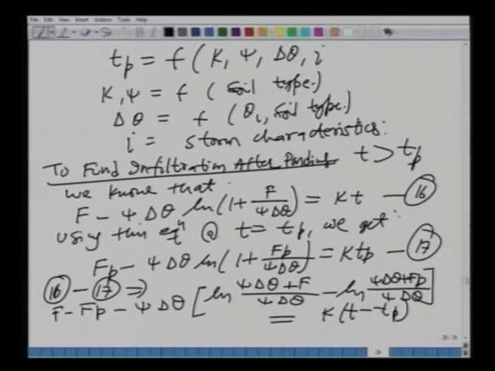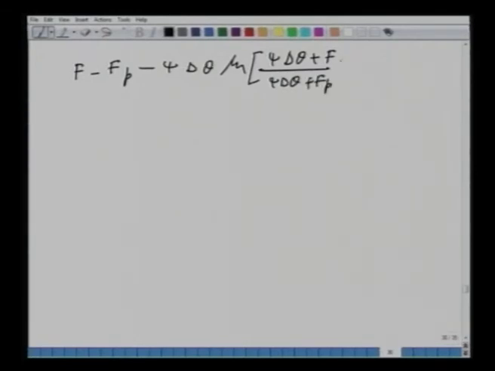You can simplify this further to obtain F minus Fp minus psi delta theta times natural log of psi delta theta plus F over psi delta theta plus Fp, is equal to k times T minus Tp.